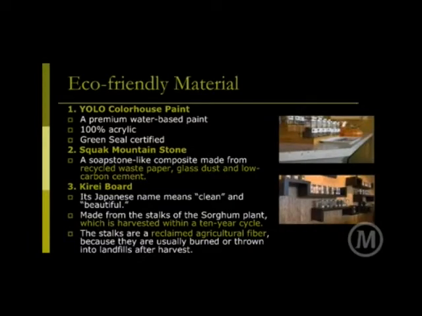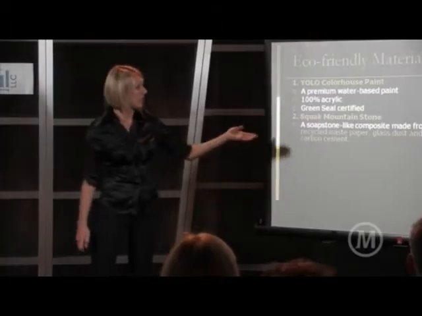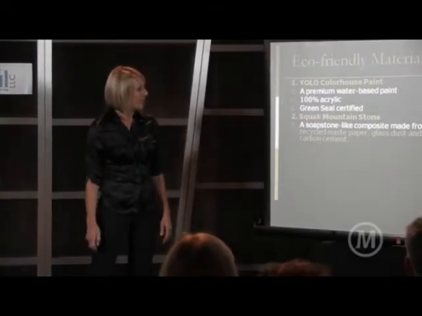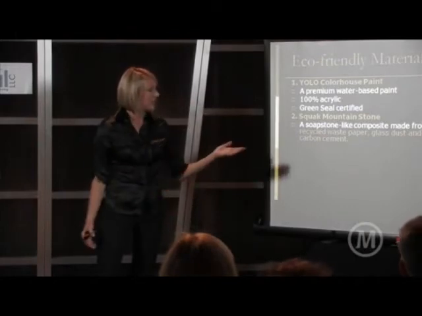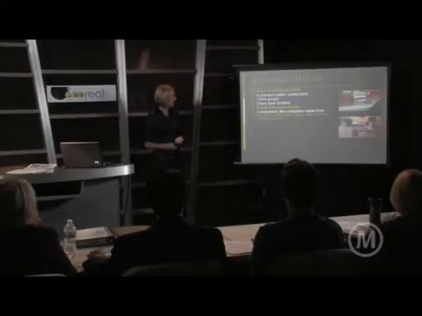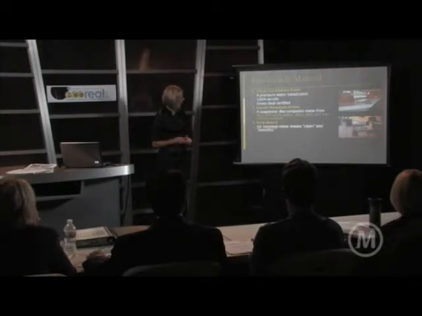Squak Mountain Stone, that's the countertop you see there, and these are just examples of what they implemented from going to EcoHouse. Made from recycled waste paper, so that wasted paper went into something new, food for a new product. Glass dust and low carbon cement to make that countertop.